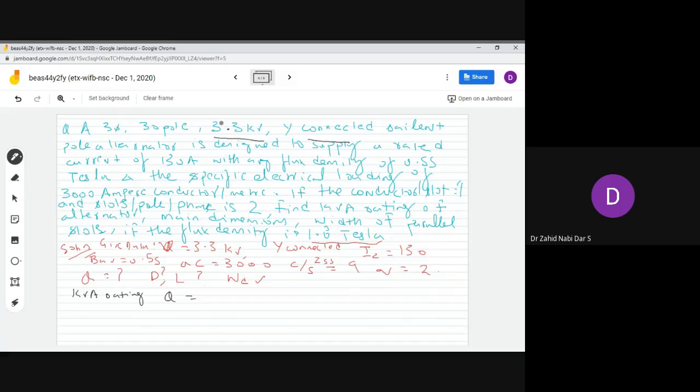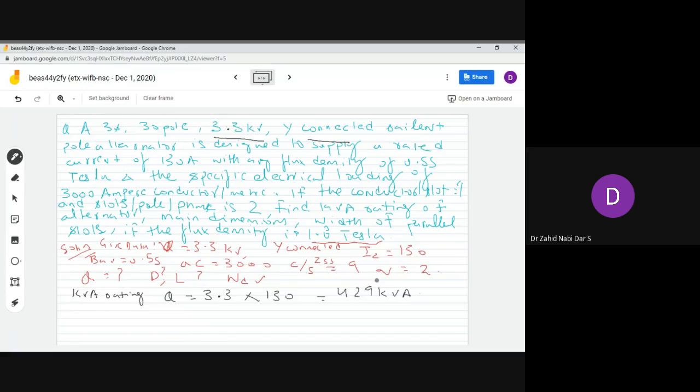So you directly write 3.3, and I phase is equal to 130. If you do this, you will get around 429 kVA, isn't it?